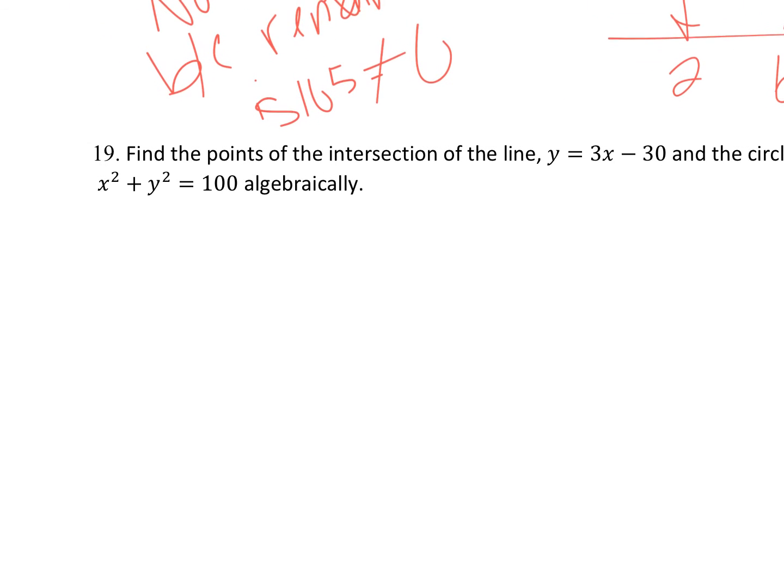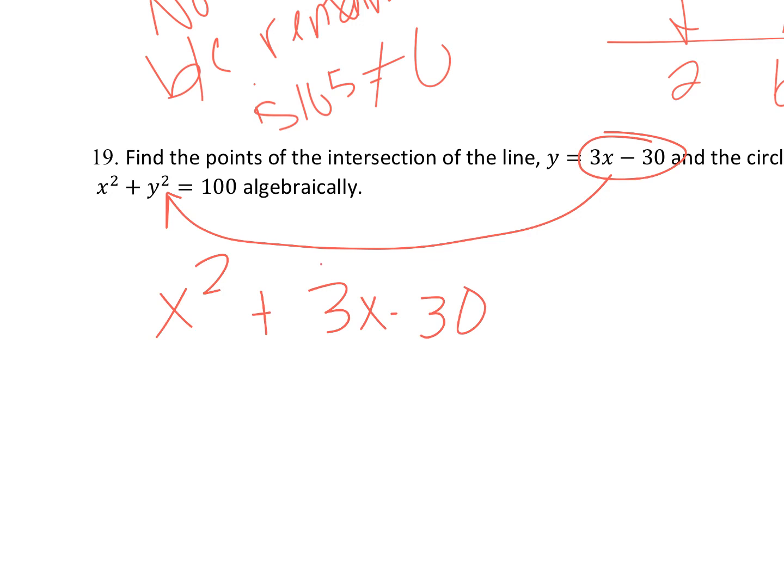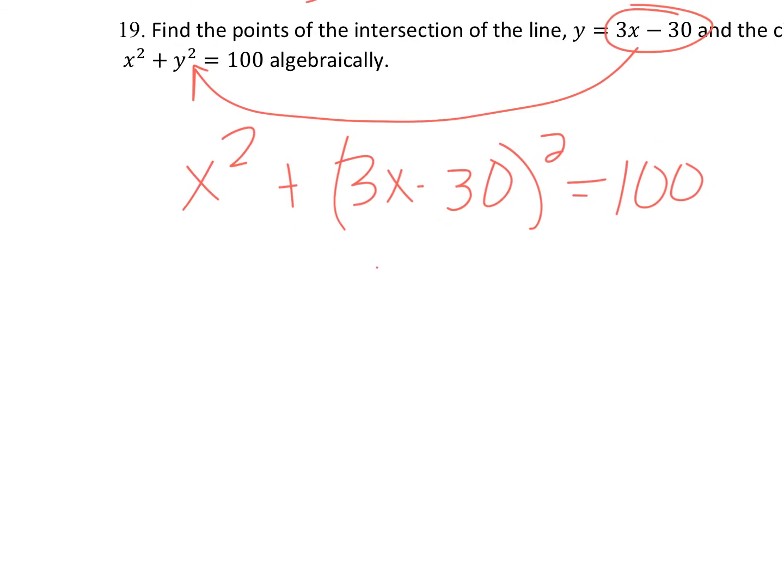Last question is a circle and a line. We're going to do substitution by plugging this into here. Squared. And then you're going to have to do box method here, or FOIL. Minus 30.